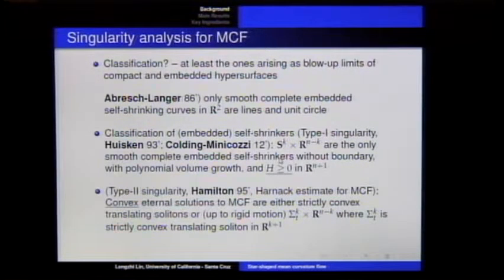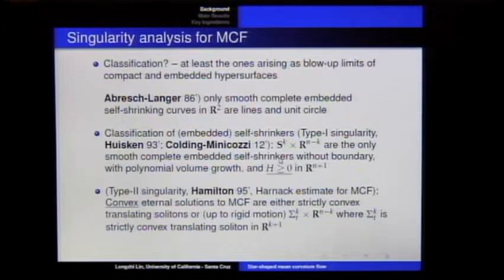How about other sequences? What can you get? The problem for the type 2 singularity is that, in the way you use the microscope to look at the singularity, you don't know how fast you should rescale, or what rate you should look at the singularities. So a different sequence of scales might give you a different singularity.